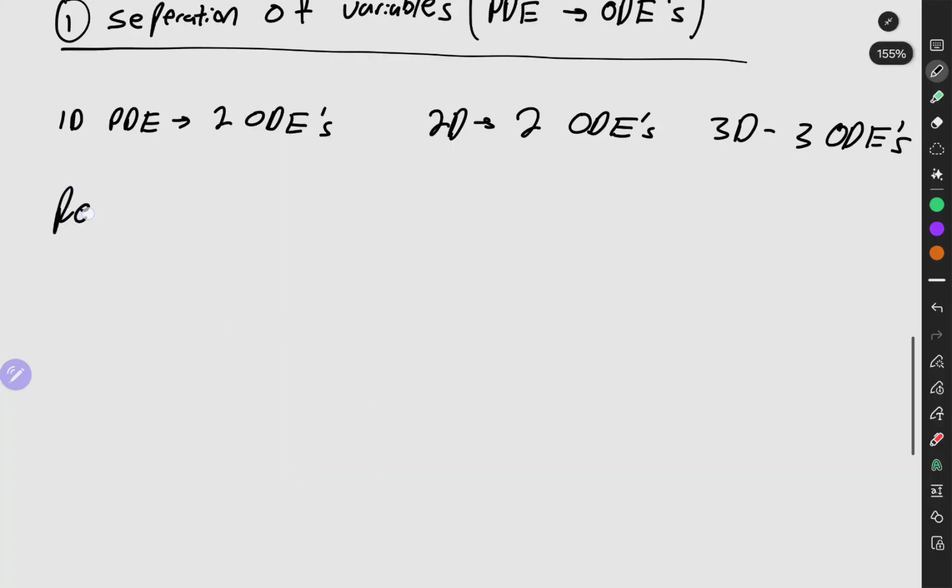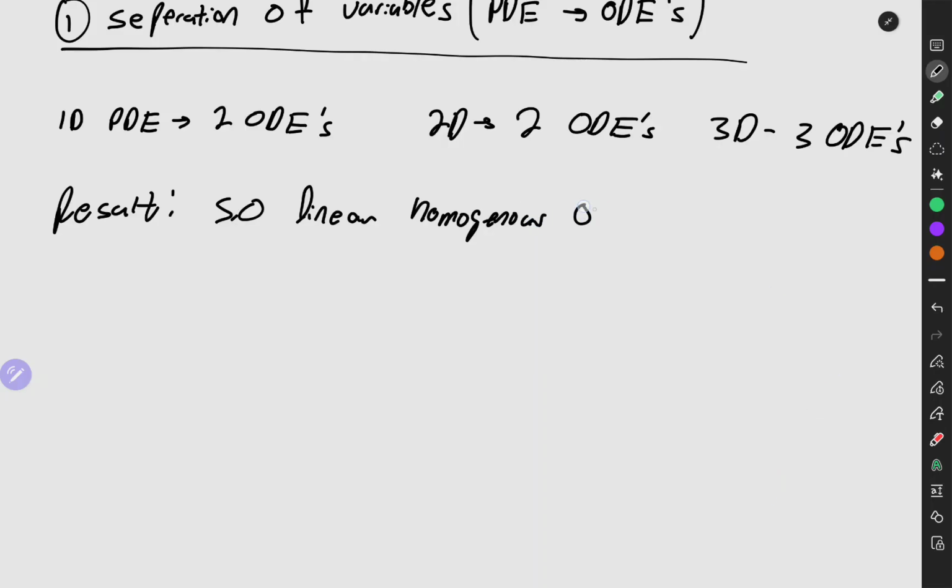So the result for the heat equation would be a second order linear homogeneous ODE, and of course I will show all this in the next few videos. And actually no, not for a while. And a first order linear ODE.